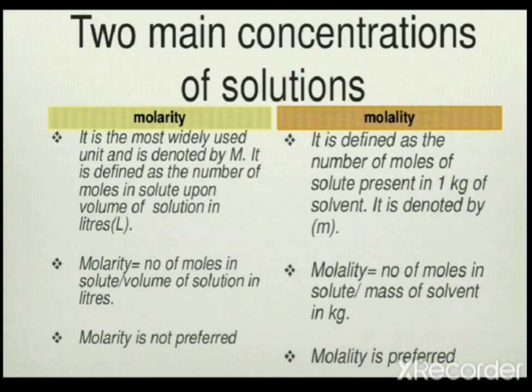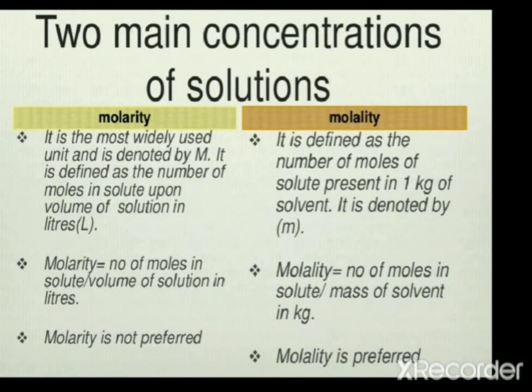Here are two main concentration terms of a solution, that is molarity and molality. Let us see the difference between these two, molarity and molality. Molarity is the most widely used unit and is denoted by capital M. It is defined as the number of moles of solute per volume of solution in liters.